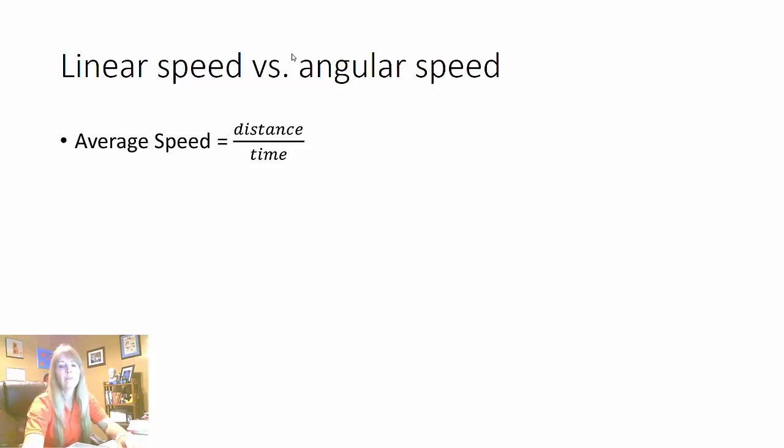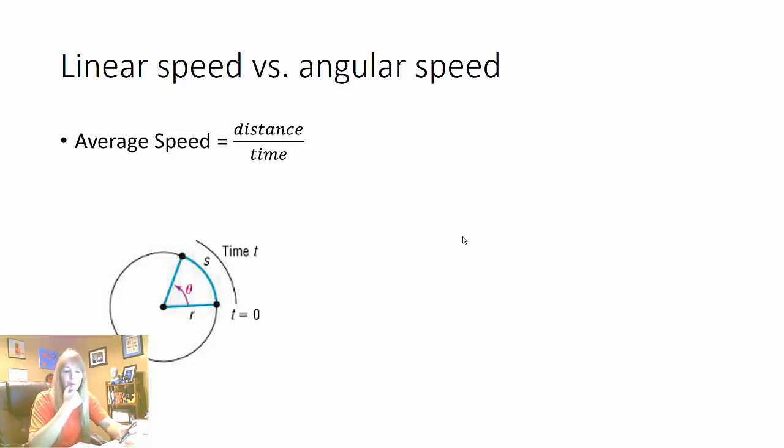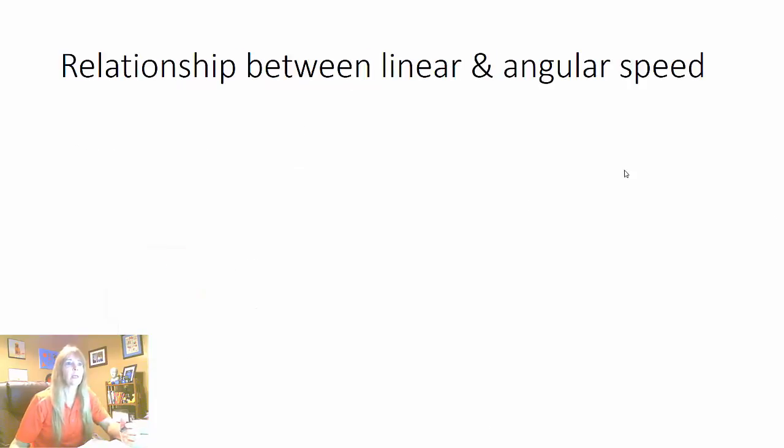So remember how you find average speed is distance over time. If we want to look at this and say, well, what if we're talking about motion along a circle? Then linear speed would certainly be, if we're talking about a constant speed, this would be our linear.